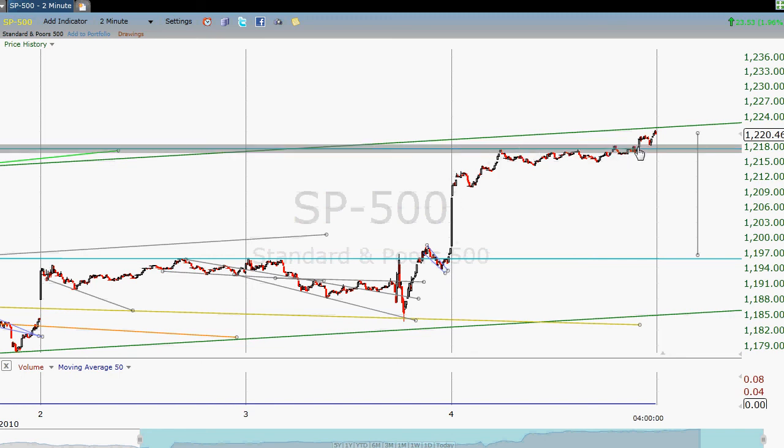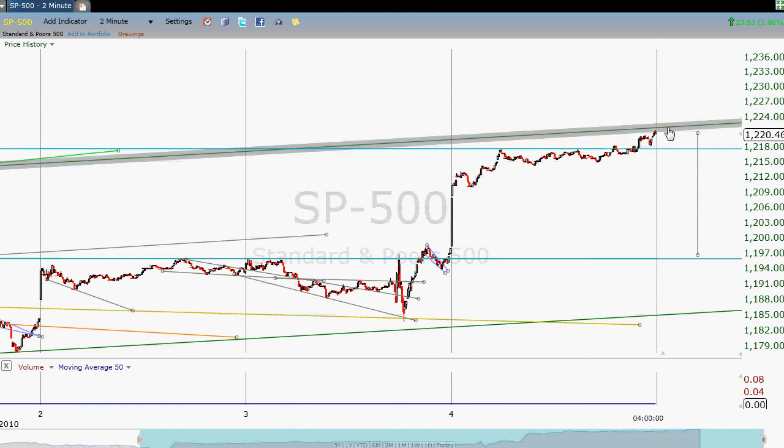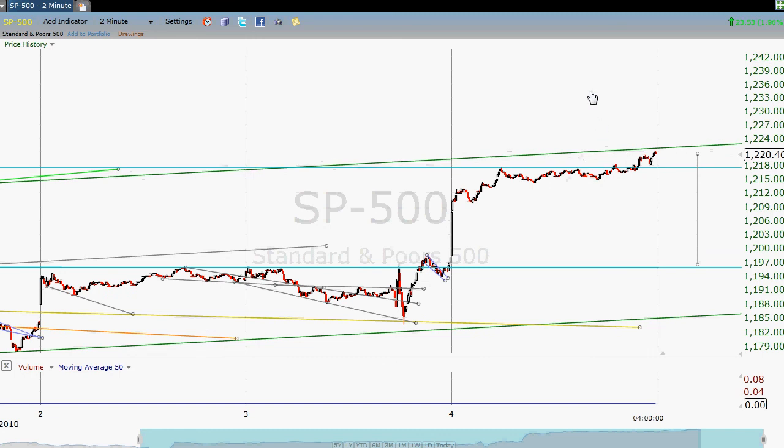And this flag started to break out near the end of the day and ended almost exactly touching the top of this channel. There's an old saying that says the flag flies at half mast. What that means is these flags in a bull market will form about halfway through the final distance of the move before a counter move occurs.